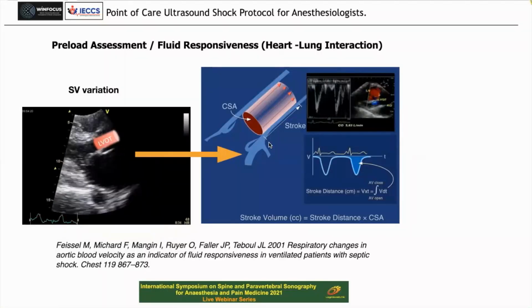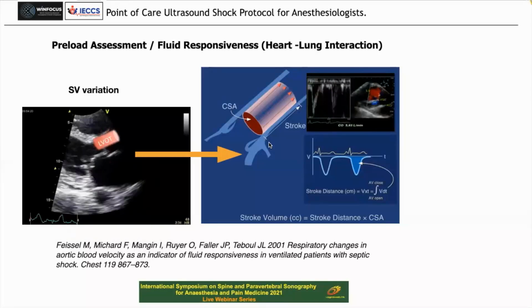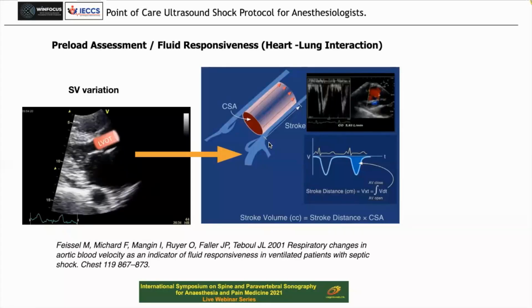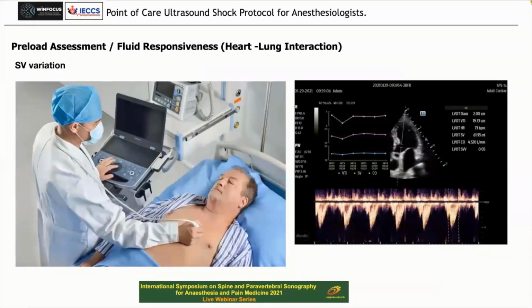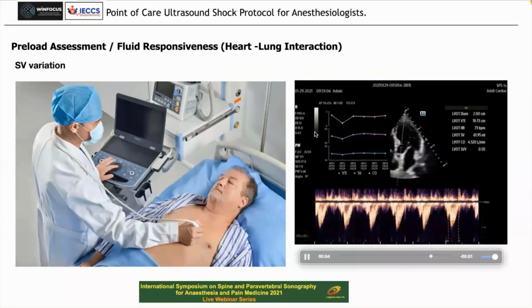Of course, we know that the LVOT diameter is constant, so this is the best way to represent the cardiac output. How to do it is by putting the PW sampling at the tip of the aortic leaflet, and what you get is this envelope. From this envelope, you can determine whether there is a variation during inspiration and expiration.